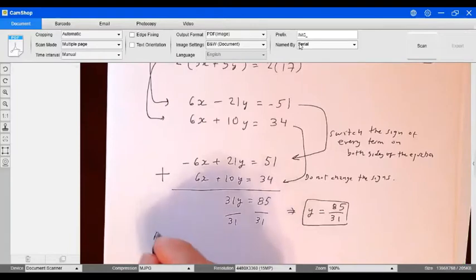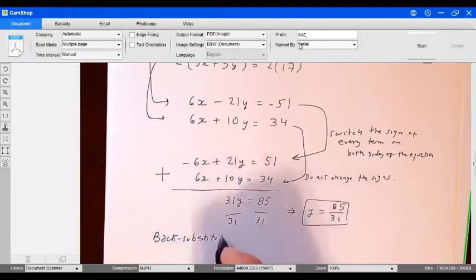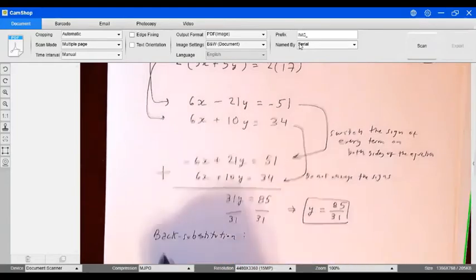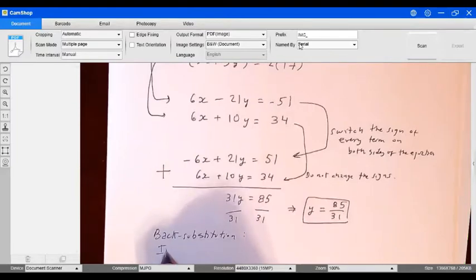So now we're going to do the back substitution. We need to back substitute this value into one of the original equations. Let me see what equation was this. 2x minus 7y equals negative 17.